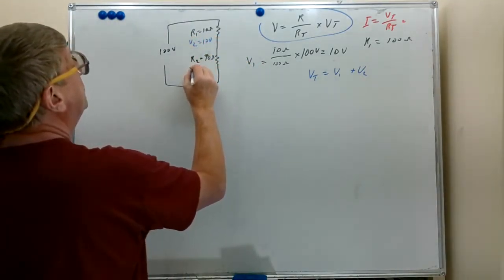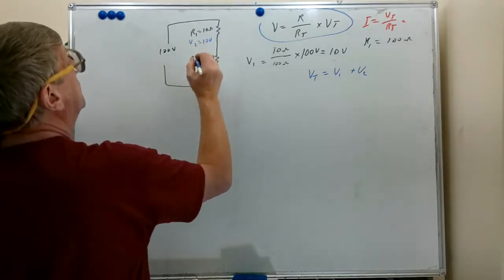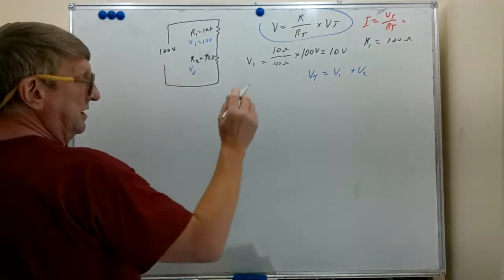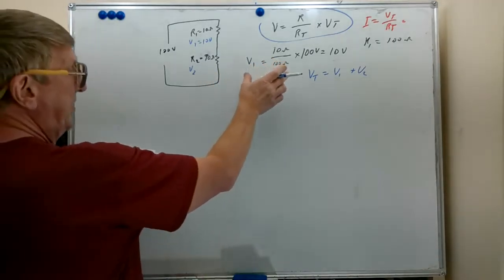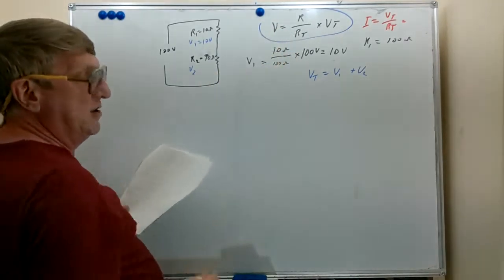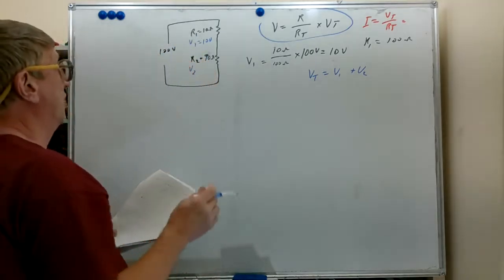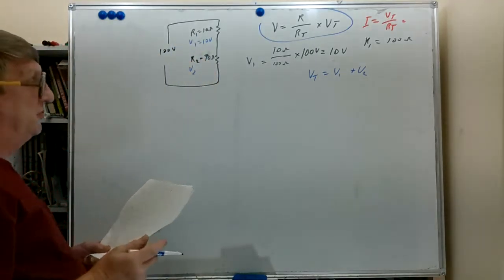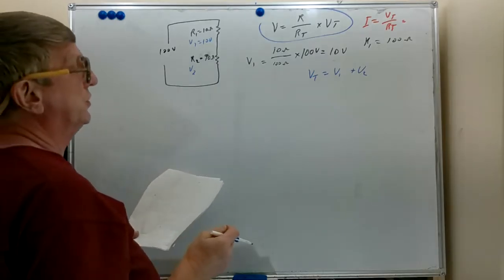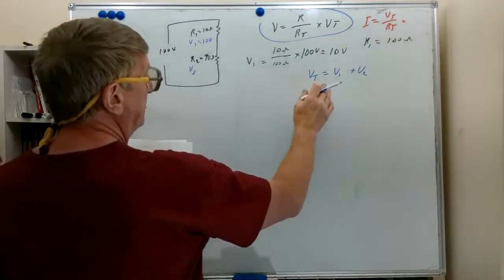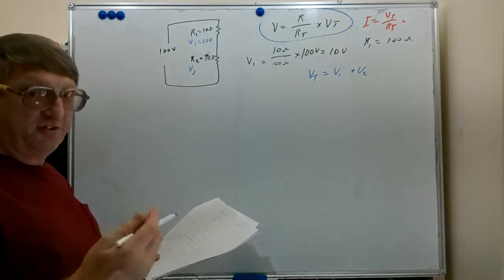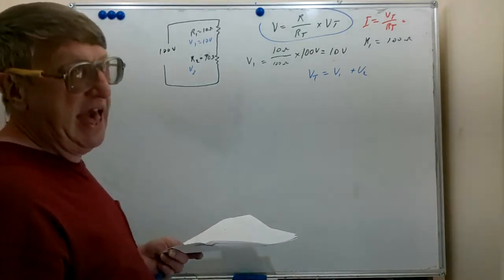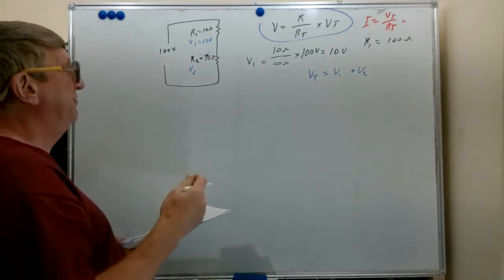We don't know V2 yet. We could go through the same thing, put 90 ohms in the top and calculate the voltage across the 90 ohm resistor, which we're calling V2. But we're going to use the voltage summation rule: around a series circuit, the voltage drops add up to the supplied voltage.